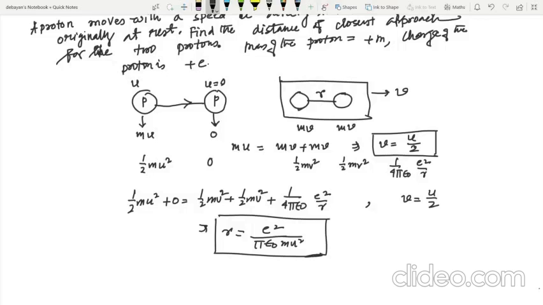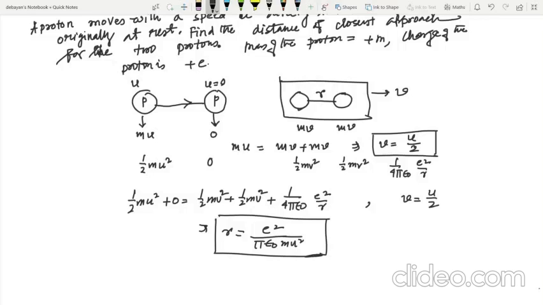The problem is given like this: consider a spherical surface of radius 4 meter centered at the origin.